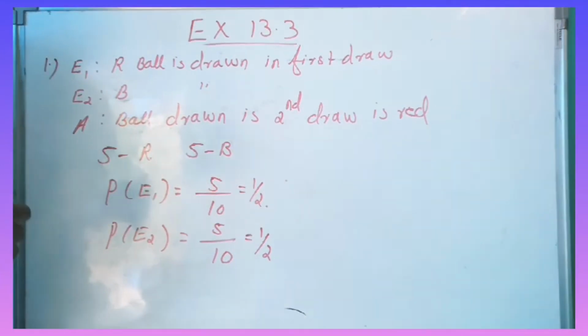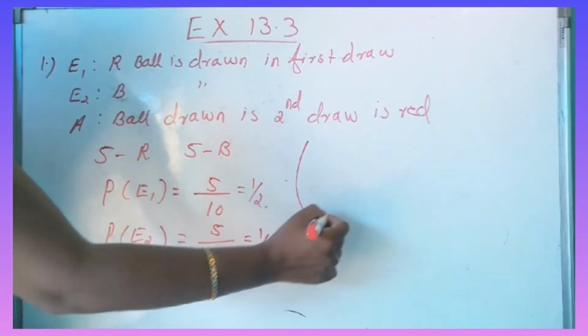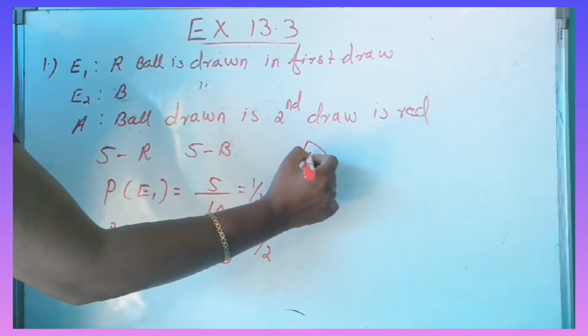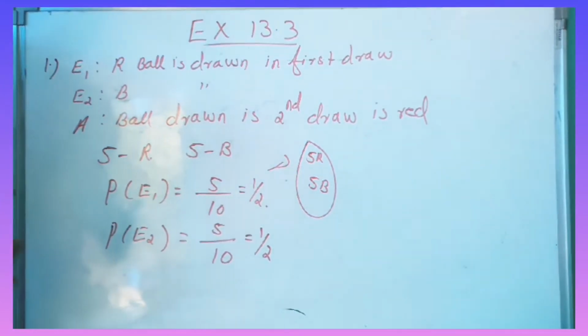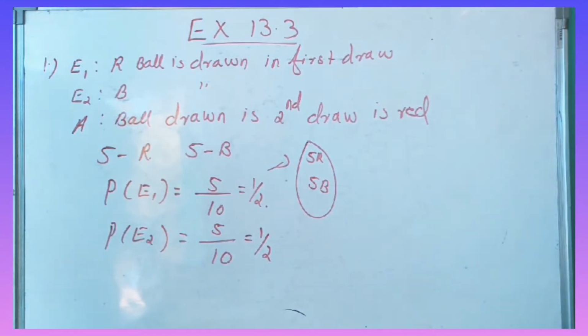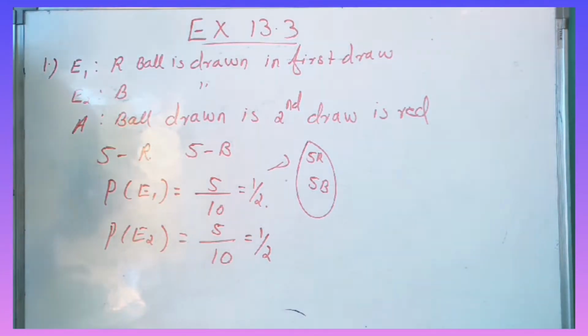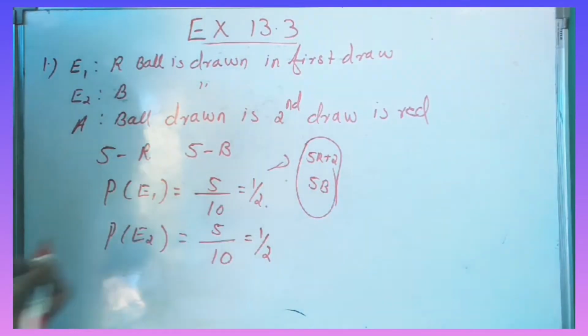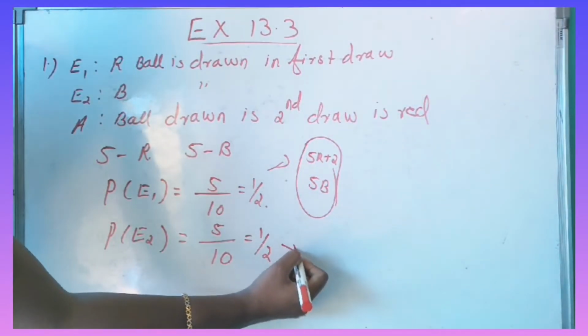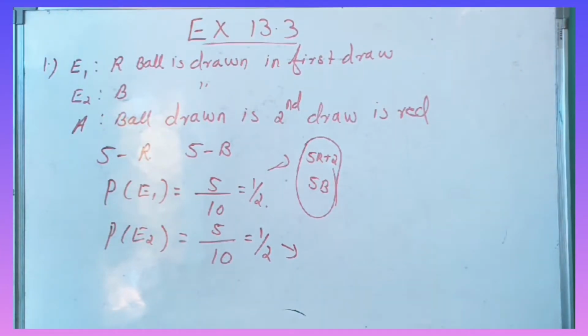Now if we are taking a red ball in the first draw, we have 5 red balls and 5 black balls, and we will put 2 additional balls of red color into this bag. Suppose in the first draw we have a black ball.